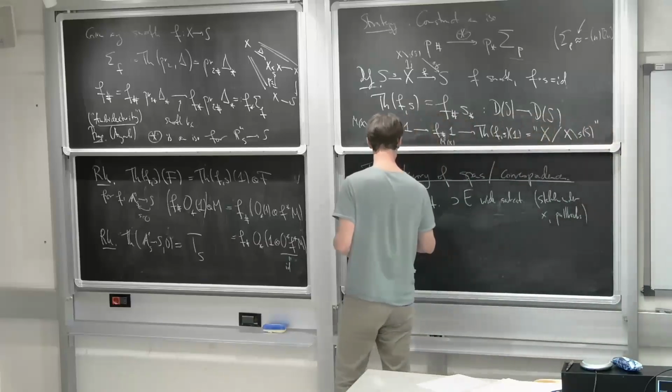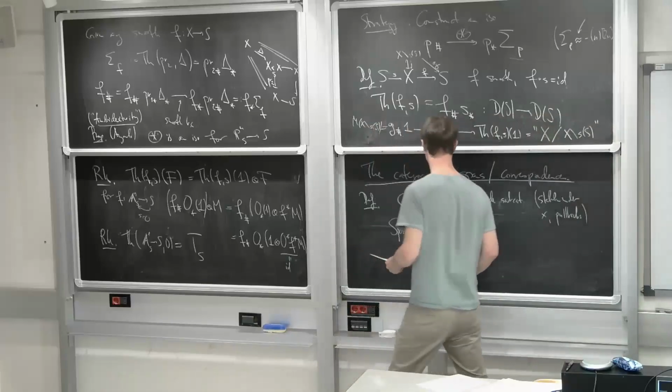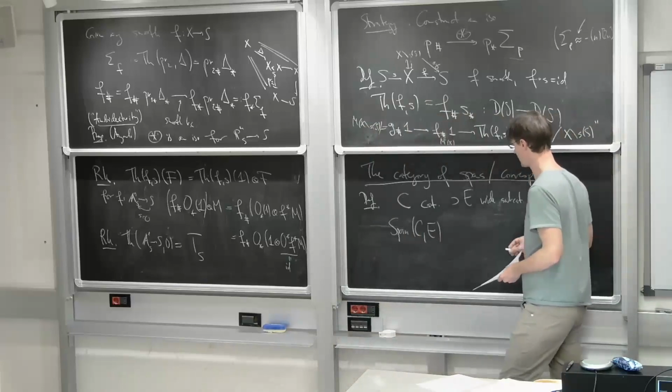And then this category of spans, C_E, is some infinity category that I'll just say formally.